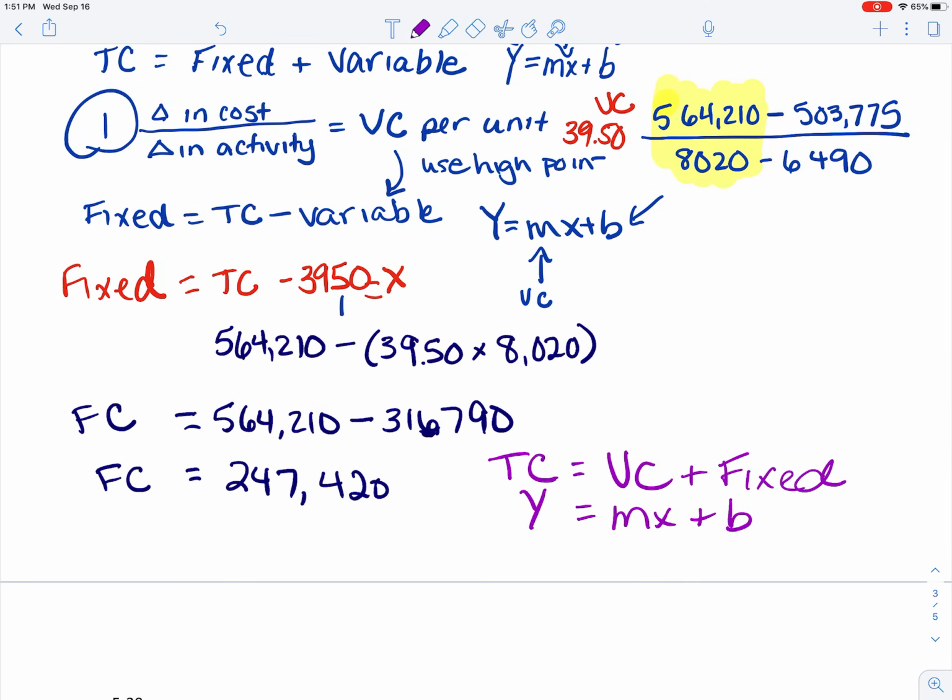I can plug this in, and the point then is to say at any given level of activity I can figure out what my total cost is. So my total cost is 39.50x plus 247,420.